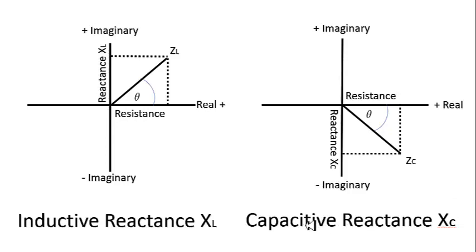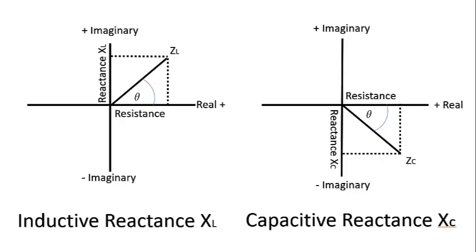But in the case of the capacitive reactance, it appears in the positive real, negative imaginary quadrant. So this is positive imaginary up here, this is negative imaginary down here. So basically what we're doing is we're flipping about the real axis. And so now we are in the territory of the negative imaginary numbers.